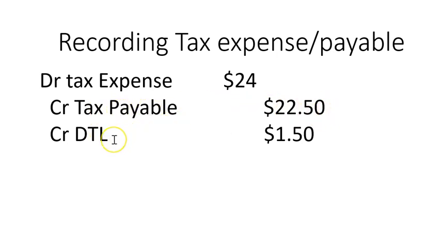And we know, as I suggested, that the deferred tax liability will be $1.50 per year. So we've got an expense of $24. We'll have total liabilities of $24. It's just most of it will be the tax payable, but the other little bit will be the amount of tax that we've deferred until later.